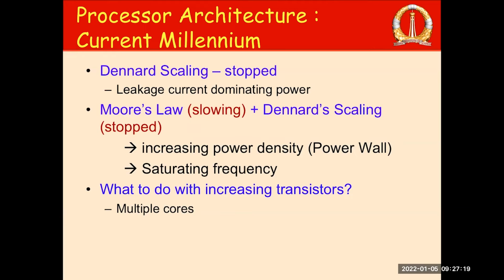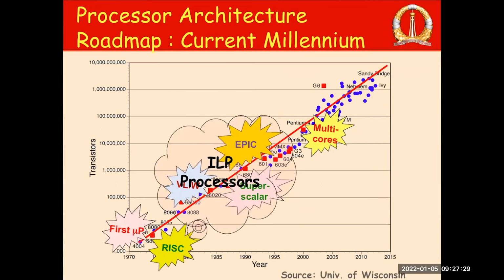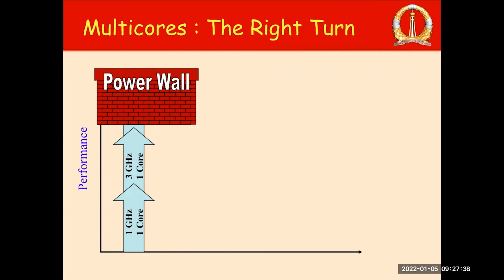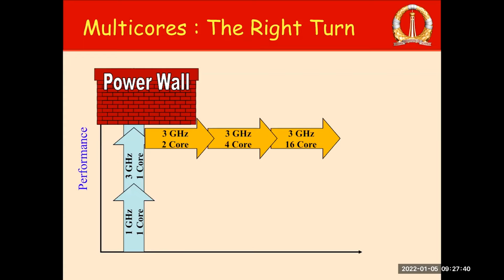So what people started doing is that with this increased number of transistors, they started putting more and more processor cores in the chip. So this is what drove the multi-core era, right? So in the early 2000s, instead of increasing the processor clock frequency, people started building multi-core processors.